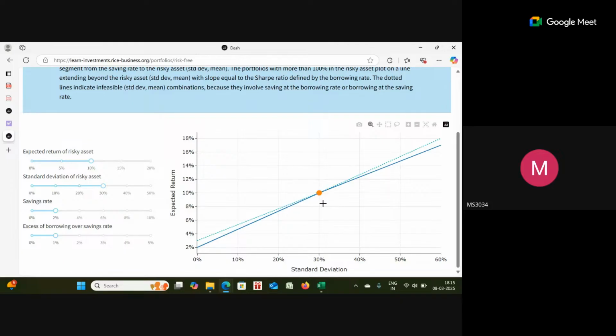Suppose you want to invest more than 100% in the risky asset, then you have to go to the market and invest that amount. In that case you will be facing a different rate of return, that is the borrowing rate. And you will see that the higher the difference between the savings rate and the borrowing rate, the steeper this kink will be.